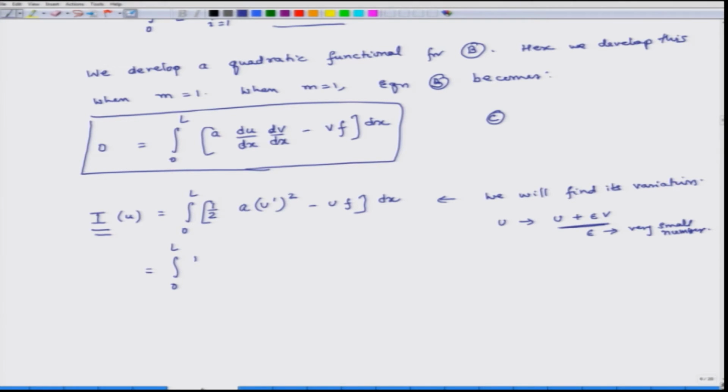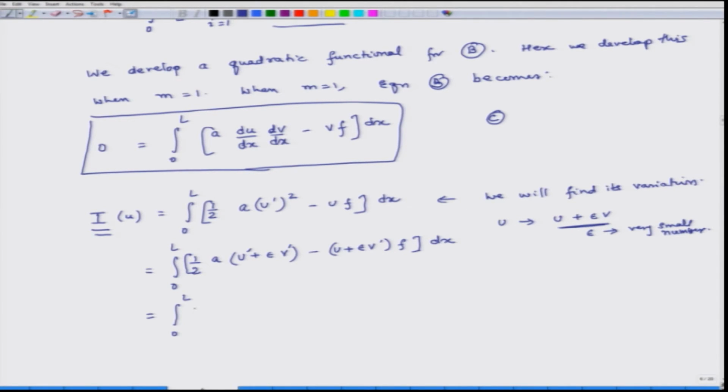the integral from 0 to L of half a times (u plus epsilon v) prime, and epsilon is a constant, so its derivative is 0. So I have (u plus epsilon v) prime whole square minus (u plus epsilon v) f dx. So now I expand it.